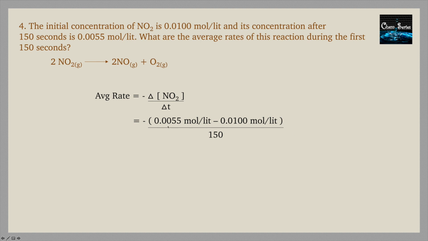I hope you understood how we get this. We have to subtract the concentration at the 150th second minus the concentration at the 0th second. Okay, and your del T will be the change in time. So your answer will be minus 3 into 10 power minus 5 molar concentration per second.